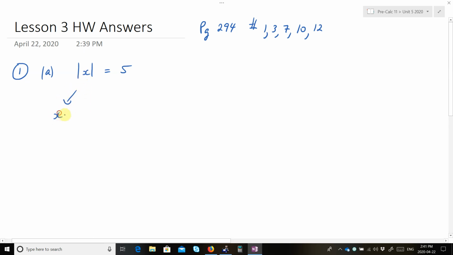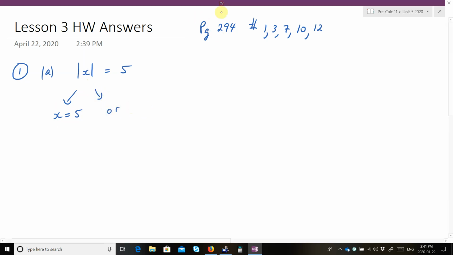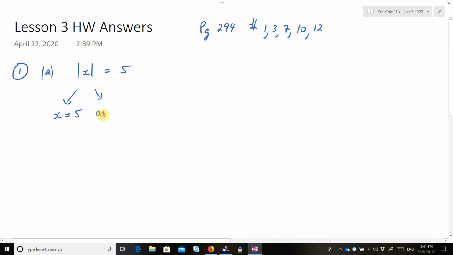The x can either equal 5 or the x can equal negative 5. Both of those have been solved for x already, and those are the solutions, because the absolute value of 5 is 5. Yes, that works. And the absolute value of negative 5 is also 5, so both of those answers work.